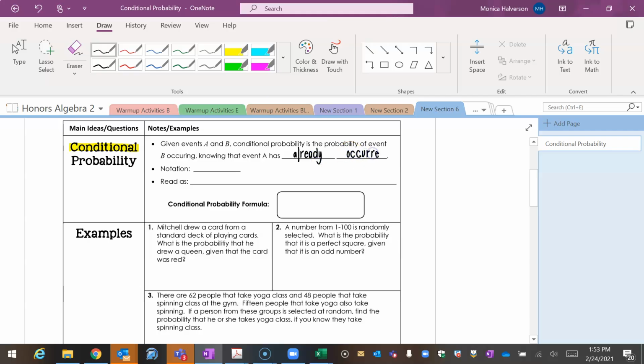Given events A and B, conditional probability is the probability of event B occurring, knowing that event A has already occurred.